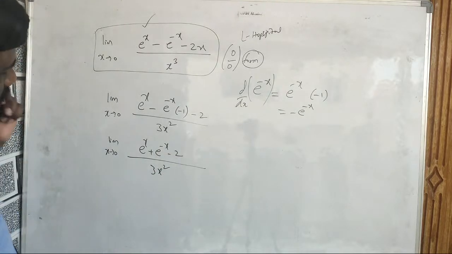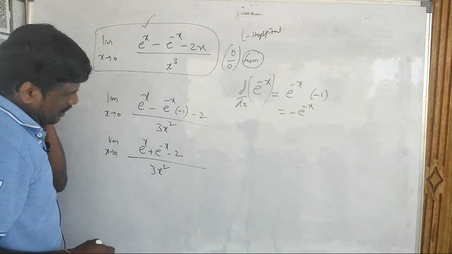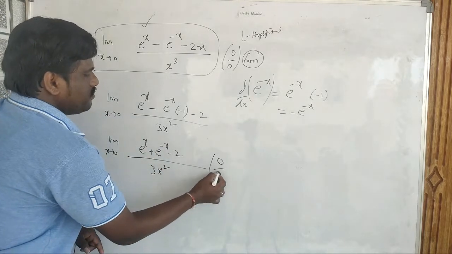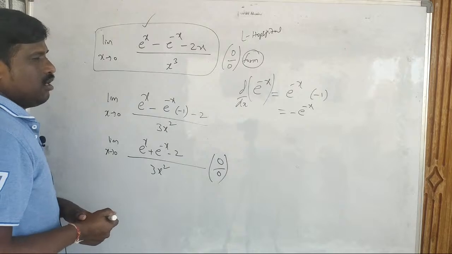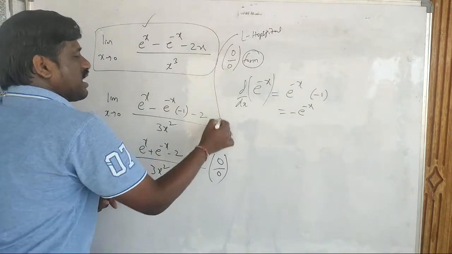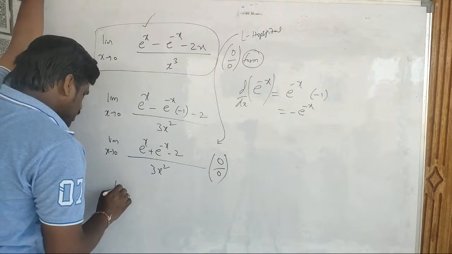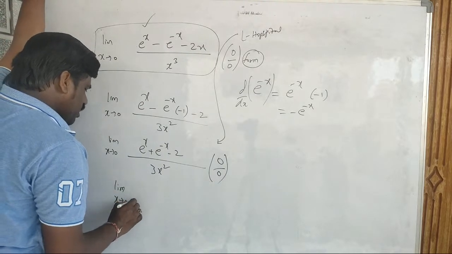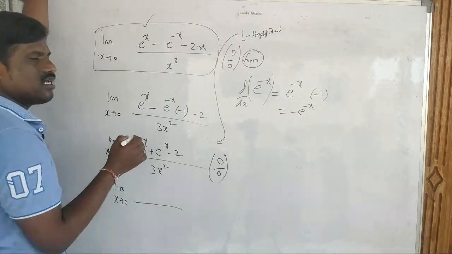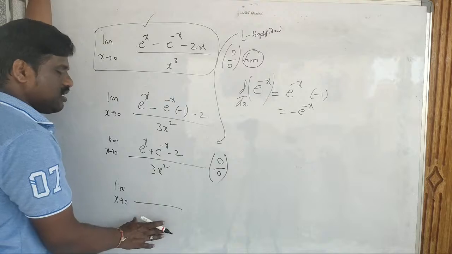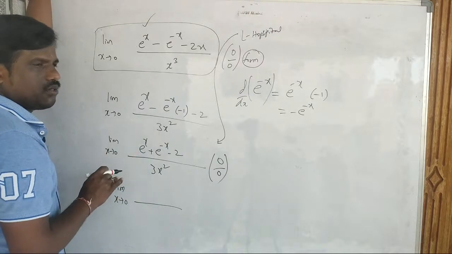If I again substitute the limit, I get 0 by 0 form, so I have to apply L'Hopital rule again. L'Hopital rule means we differentiate the numerator and the denominator separately, and then substitute the limit.